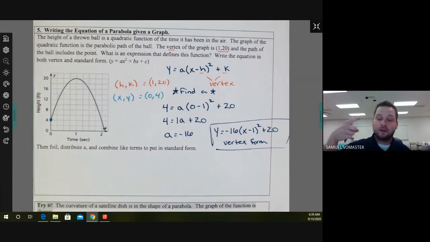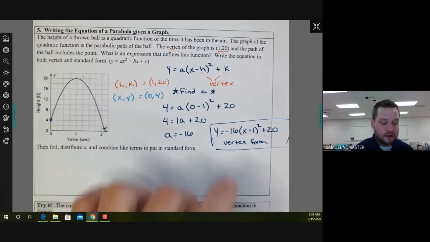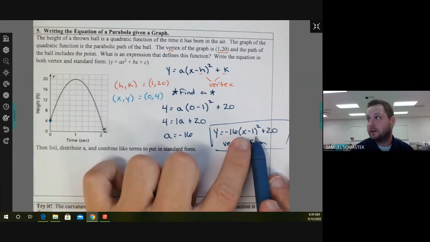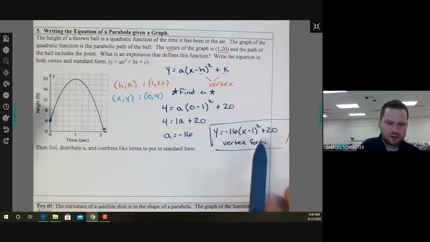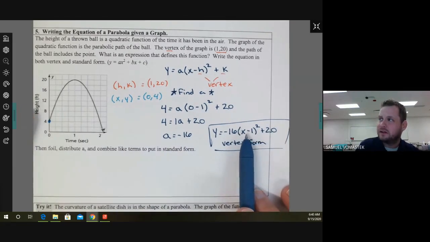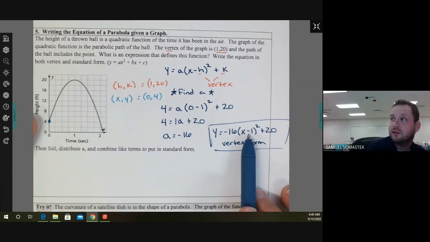PEMDAS tells us first we do the parentheses, x minus 1, but you can't do a thing with that. So since I can't do a thing with x minus 1, we move on to the exponent. My exponent is a 2. When you have a square in a scenario like this, what that is telling me to do is to FOIL.